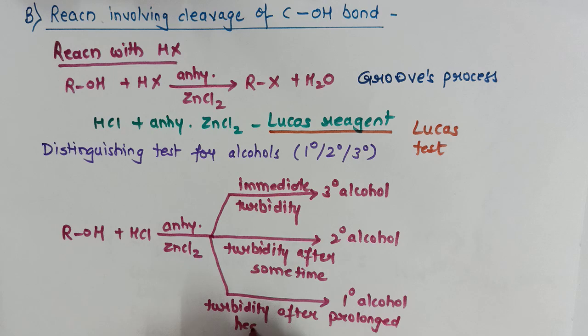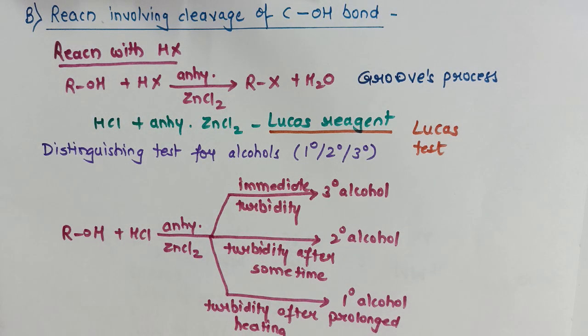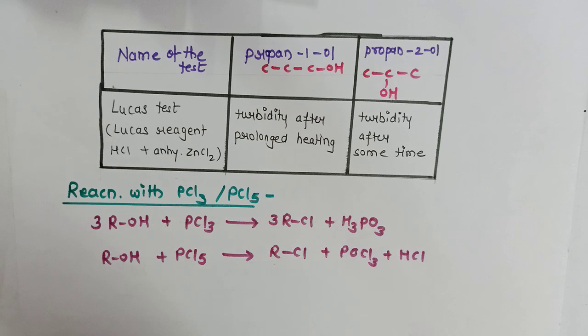So this helps us to distinguish between 1 degree, 2 degree and 3 degree alcohol. By using this chemical test, we can easily find out whether the given alcohol is 1 degree, 2 degree or 3 degree. Now I will show you a standard pattern of how a distinguishing test is written.